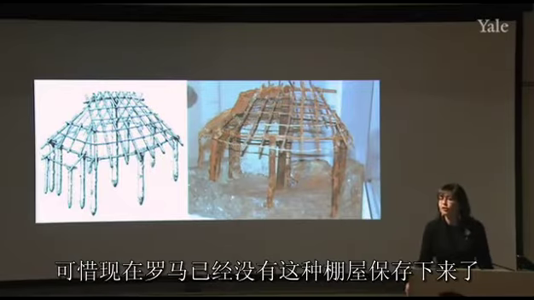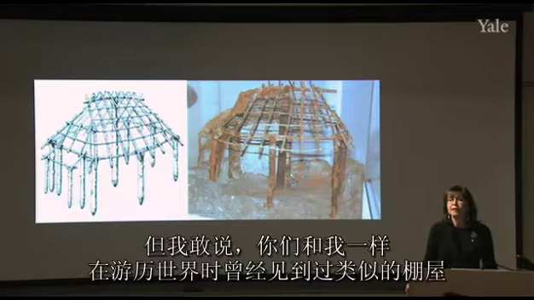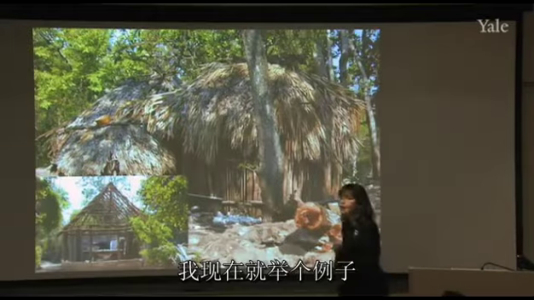Now it's very hard, there are no huts that look like this in Rome still today that I can show you to give you a better sense of what these would have looked like in antiquity. But I'm sure you, like I, have seen huts like this on your travels around the world, and one example I can show you, and would that we were all down there right now.